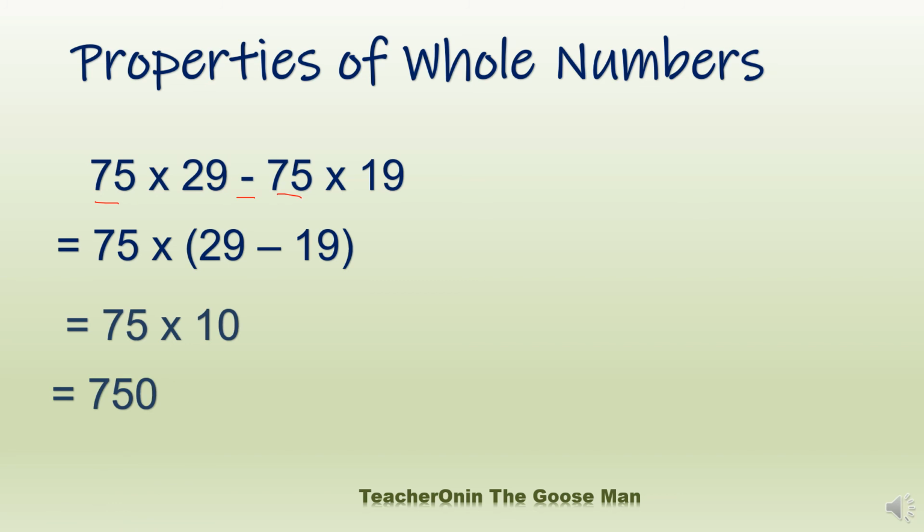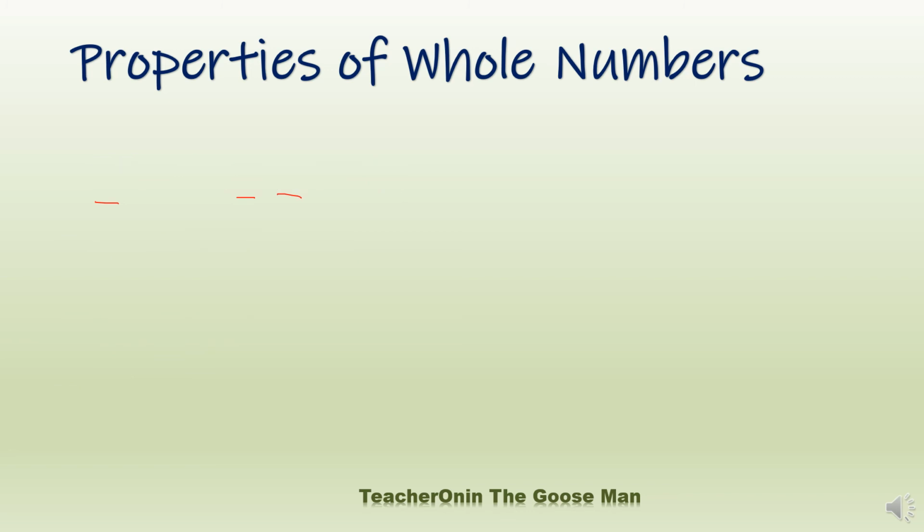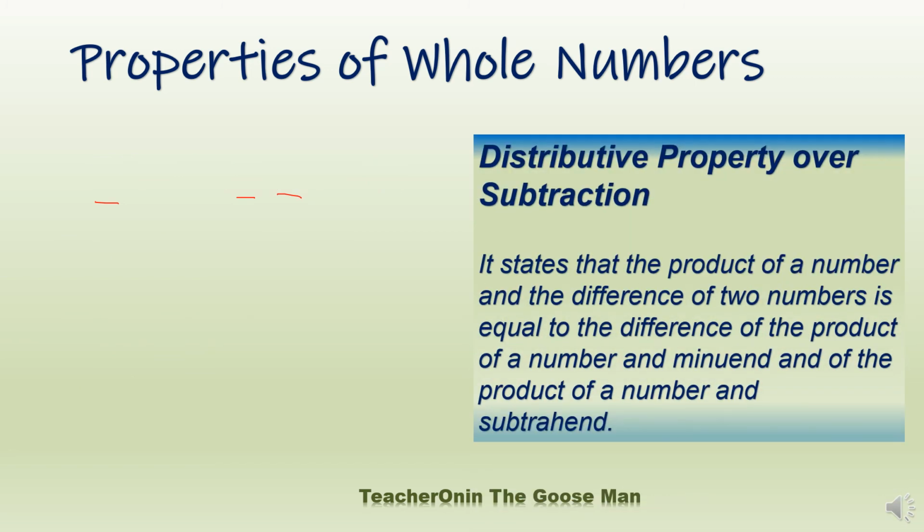This property of whole numbers is actually, guys, distributive property over subtraction. It states that the product of a number and the difference of two numbers is equal to the difference of the product of a number and minuend and the product of a number and subtrahend.